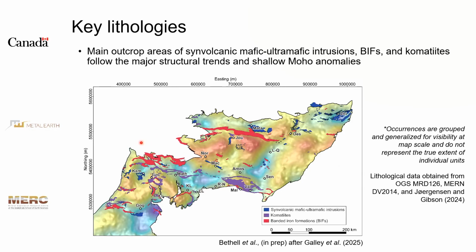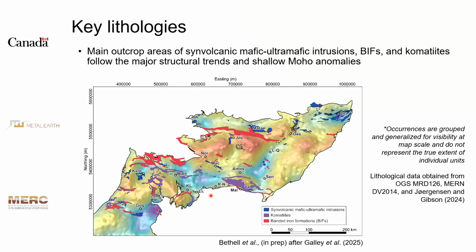If we look at the distribution of these with respect to these shallow moho anomalies, the main thing that popped out to me are these synvolcanic mafic and ultramafic complexes. Pretty much all of them, with the exception of Noranda and Blake River, are associated with these central synvolcanic mafic intrusions, which is what we would expect in a rift environment, at least a slower extensional environment.